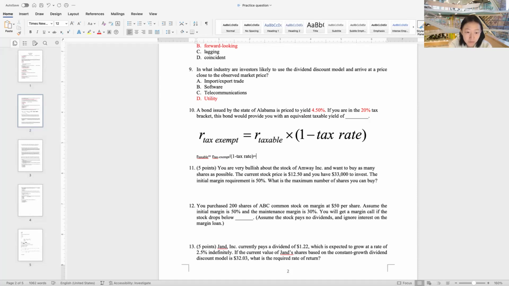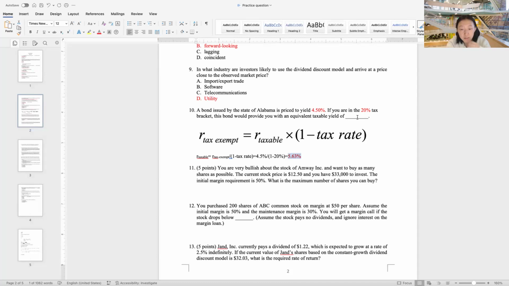So it's 4.5% divided by 1 minus 20%, which is 4.5 divided by 0.8. And that gives us 5.63%. So the equivalent taxable yield is 5.63%, and you can see that is higher than 4.5.